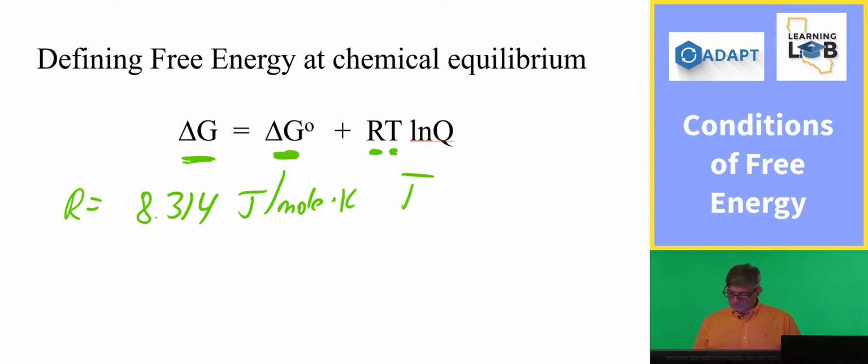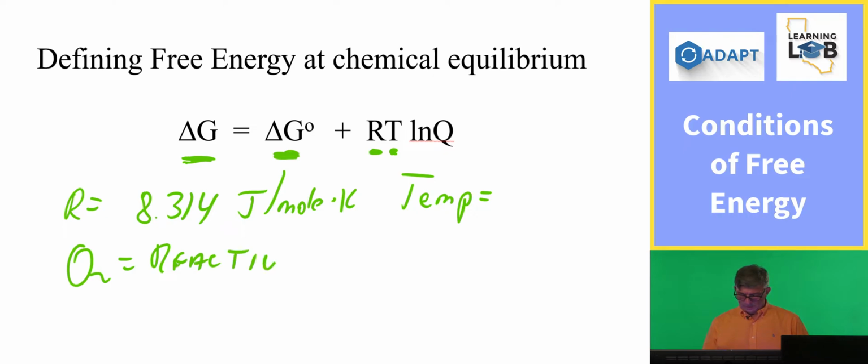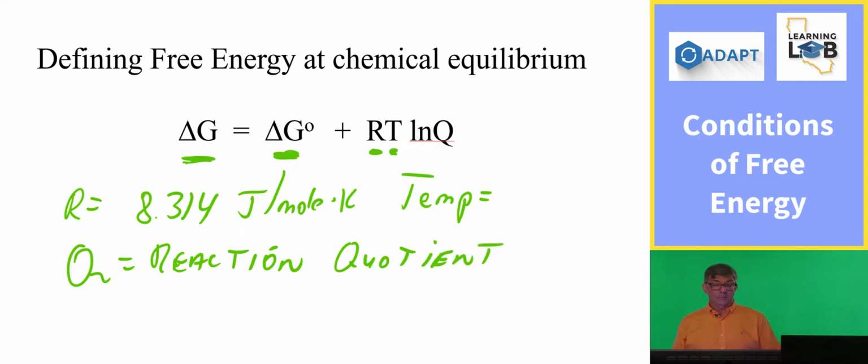The temperature would have to be in Kelvin to match units with the R constant. And Q is our reaction quotient, which would be the law of mass action in which the reactants or products are under any concentration values.